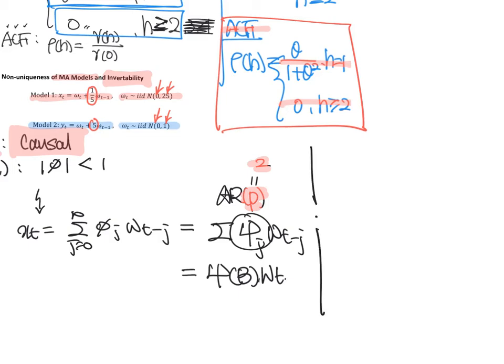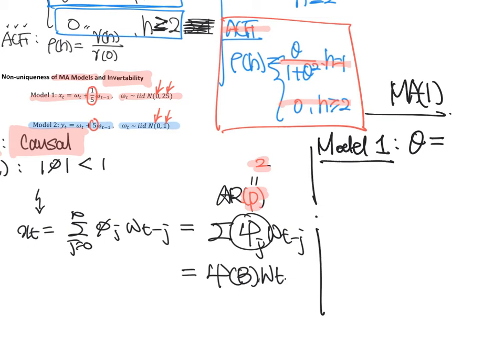For model number 1, how much is the theta? Both model number 1 and model number 2 are MA1 models. So in model number 1, the theta is 1 over 5.